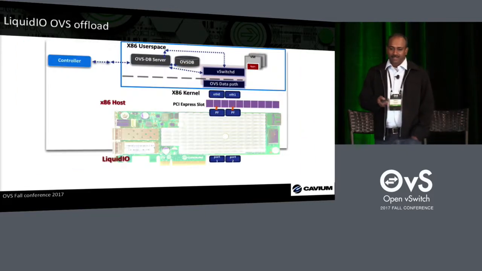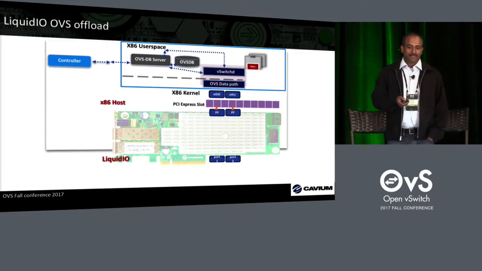So what it does effectively is what's going to be shown in this animation here. Typically in the x86 servers, you'll have the OVS data path, the vSwitchd, and the DB server. They all exist on the x86, a mix of kernel versus user space.